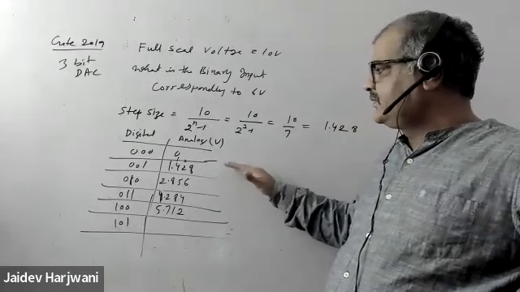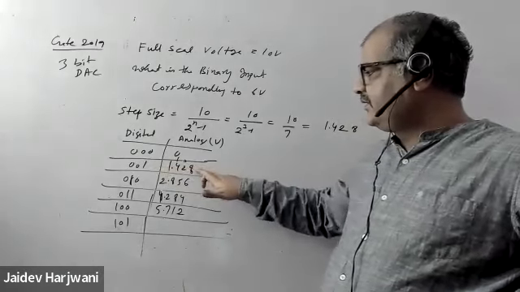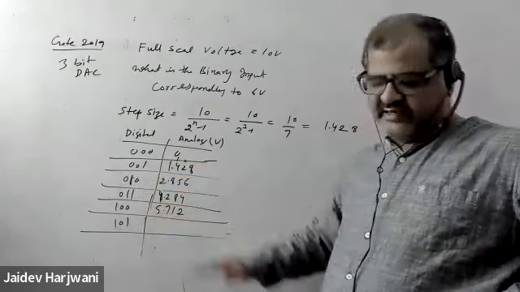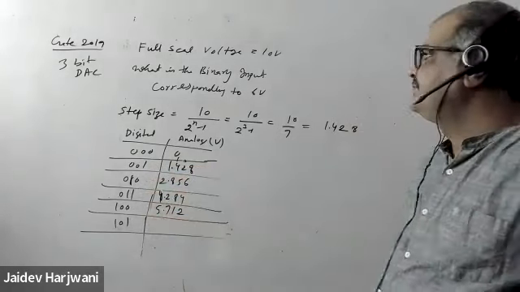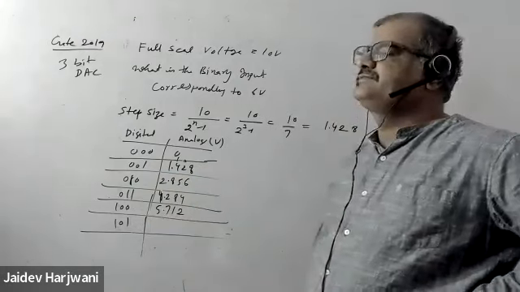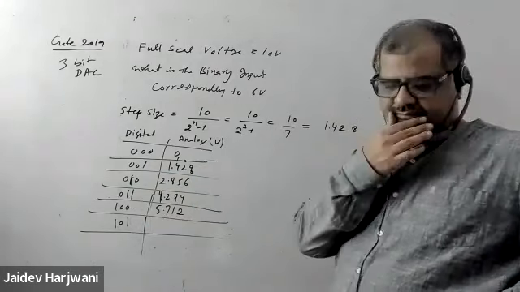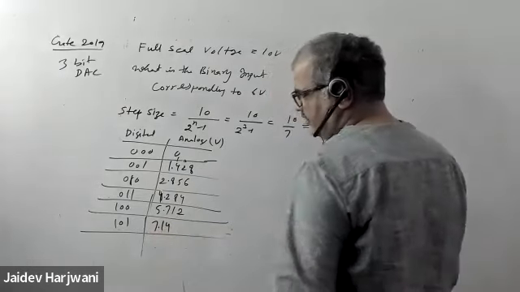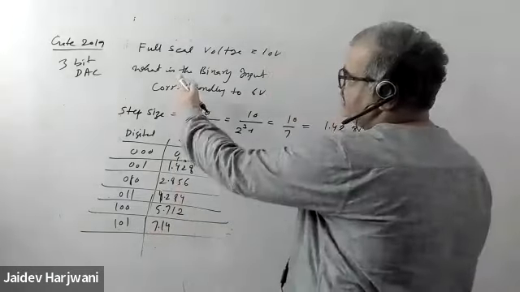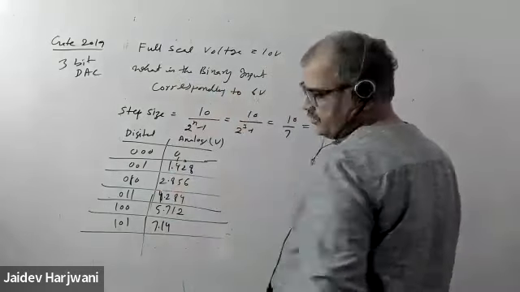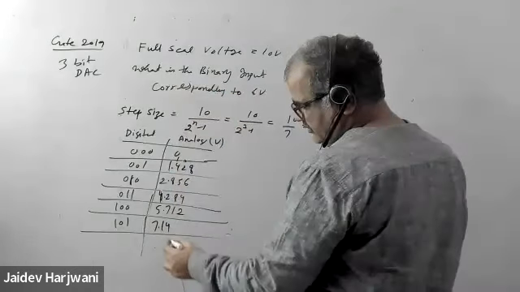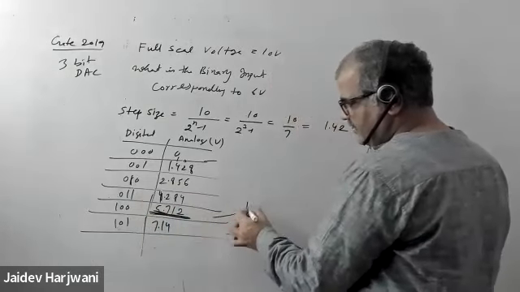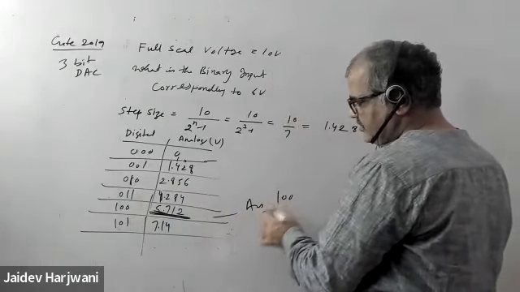You know the weight of the LSB, then you keep on multiplying by 2, 3, 4, 5. So what is the value now? 7.14. So they are asking what is the binary input corresponding to 6 volt. This 5.7 is close to 6 volt, so your answer is 100.